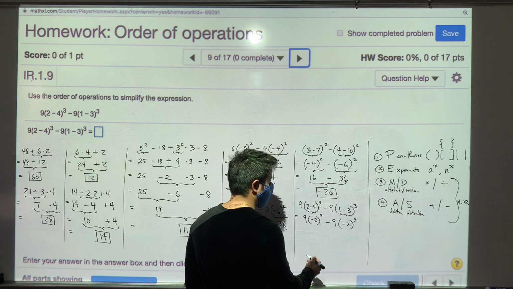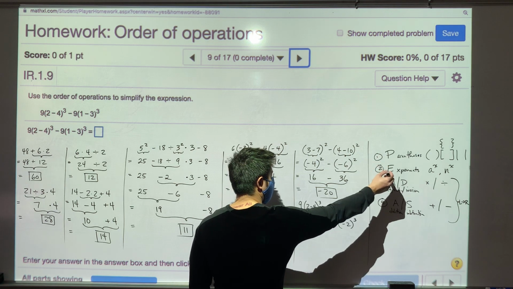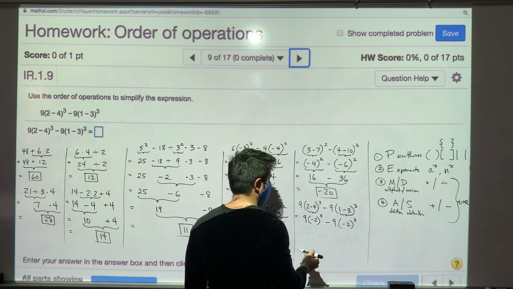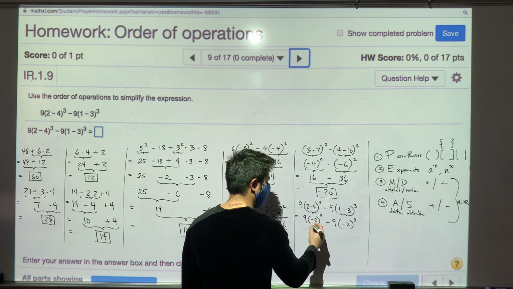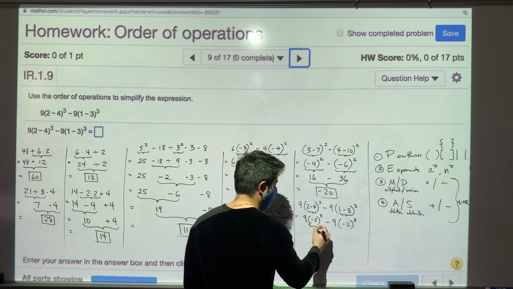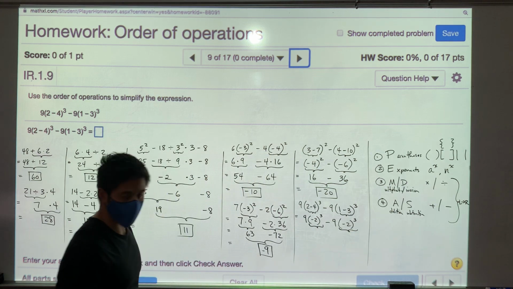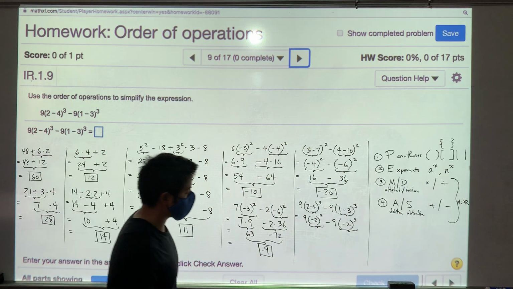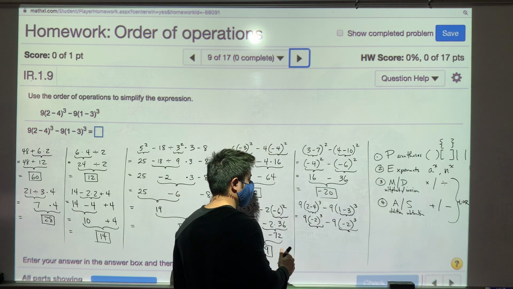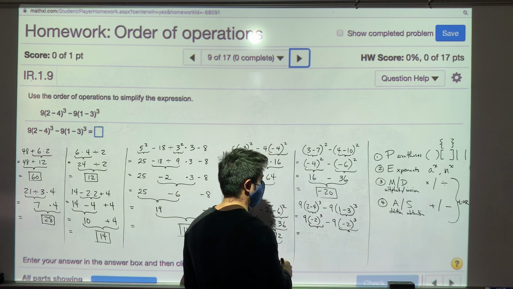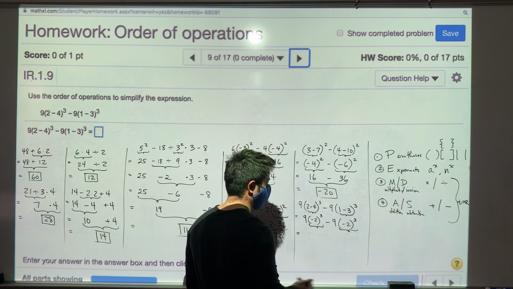So in the next step, I've got all of my parentheses done, and so I can move on to exponents. My next step, exponents, means that I'm going to take the exponent part of each piece and address that. So a negative 2 to the third power is a negative 2 times a negative 2 times another negative 2.